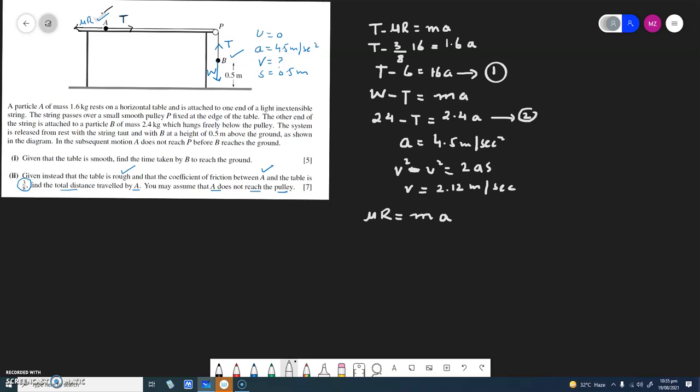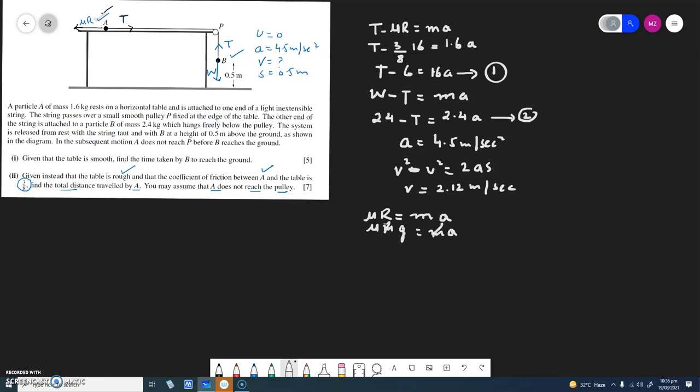Now from here we can find out the value of a, that is the acceleration of the particle A. We know that R is the same as the weight, mg, so mu mg is equal to ma.